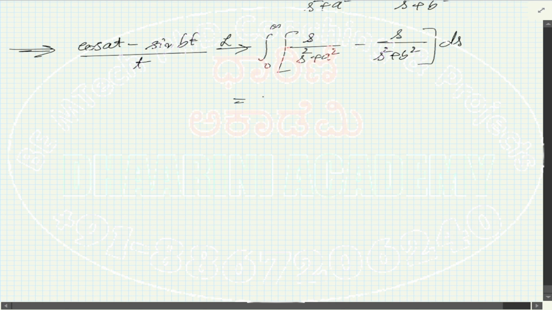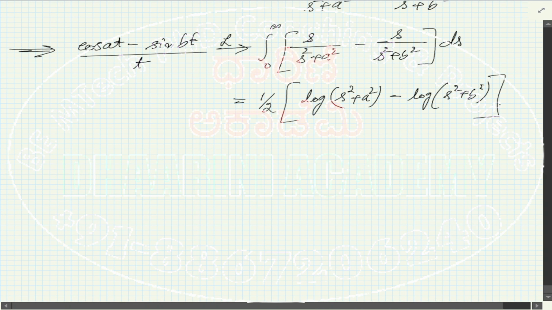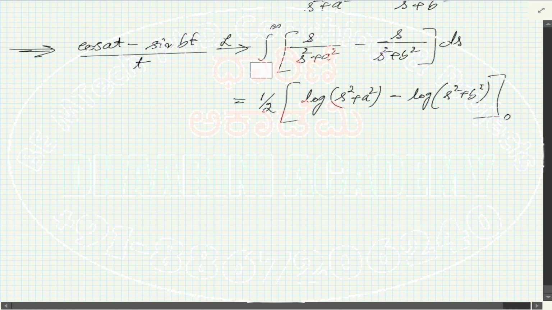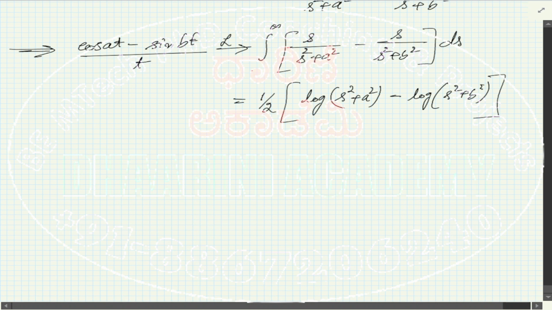So I'll take half, there is half for both the terms, log of s square plus a square minus log of s square plus b square. The substitution should happen not from 0 to infinity, but s to infinity. So please correct, this is s to infinity.